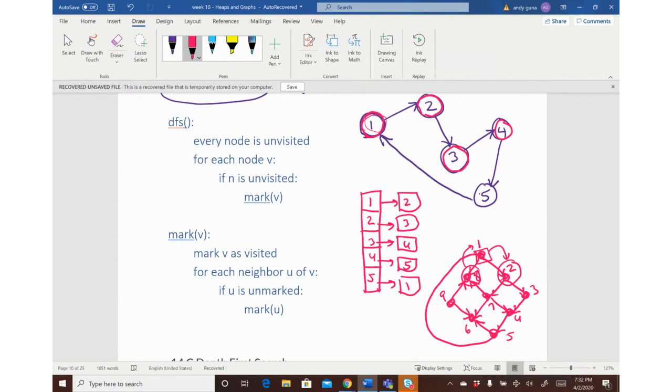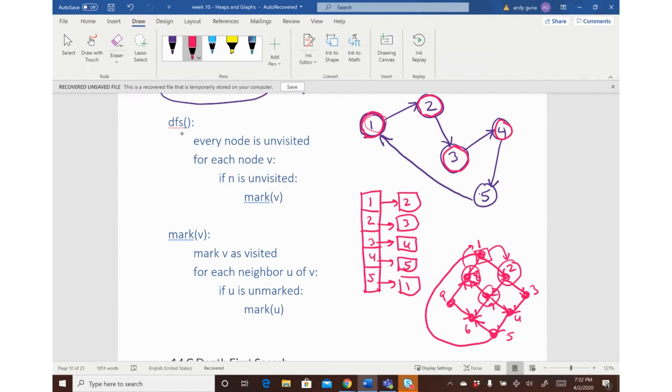Now from 2, I have 2 places I can go. I can either go to 7 or I can go to 3. Let's suppose that I chose to go to 7, because I have no idea whether going through 3 or 7 is the best way to go. When I go to 7, I have 2 choices. I can either go to 4 or I can go to 6.